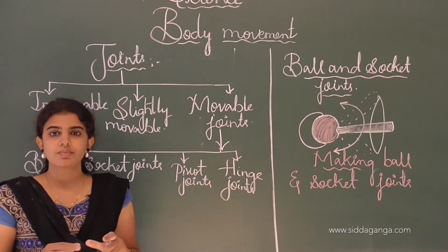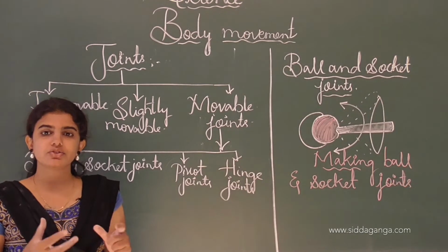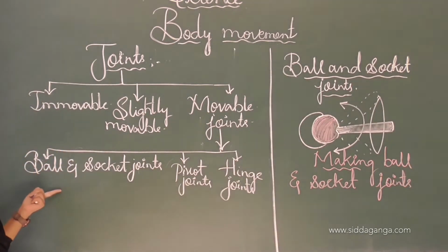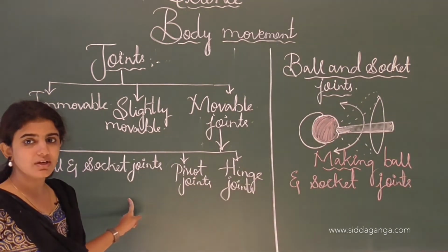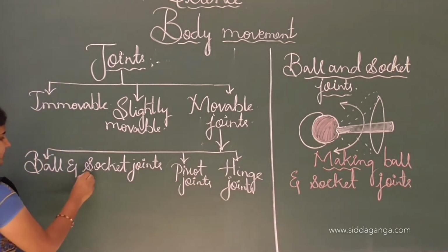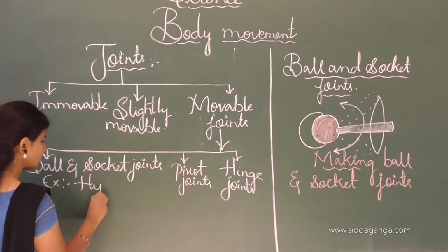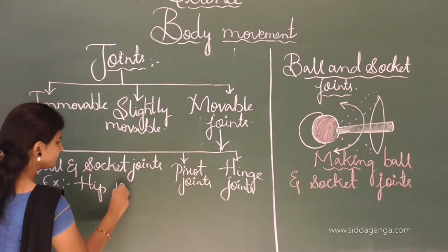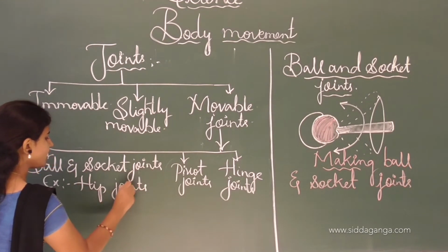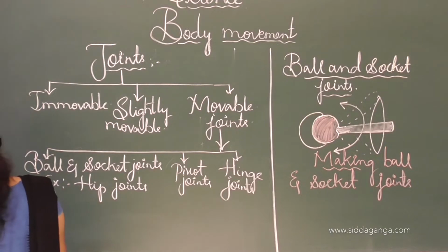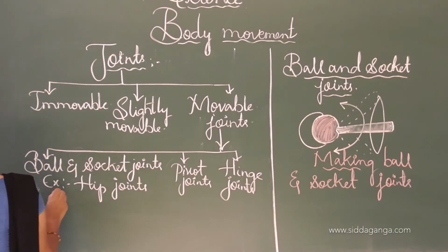Ball and socket joints are usually present in the hip joints as well as the shoulder joints. Examples for these joints are the hip joints and shoulder joints.